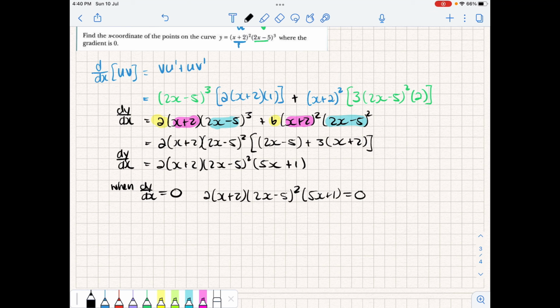And if that's equal to 0, then we can see that x can be negative 2, or x can be 5 over 2, or x could be minus 1 over 5. So those are 3 possible solutions to this. So at these 3 points, the gradient is 0. In other words, these are the turning points of this graph.